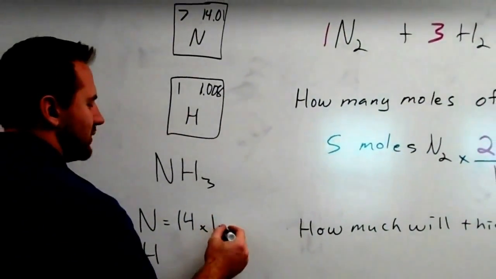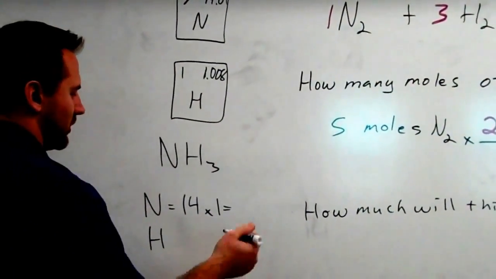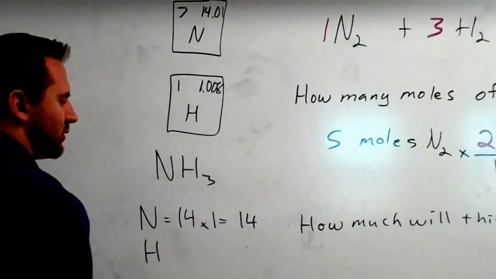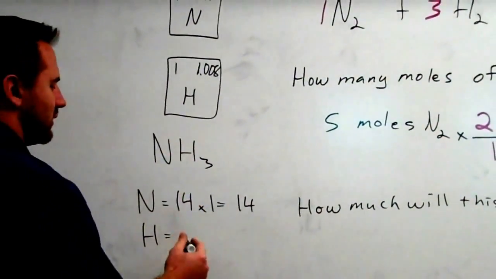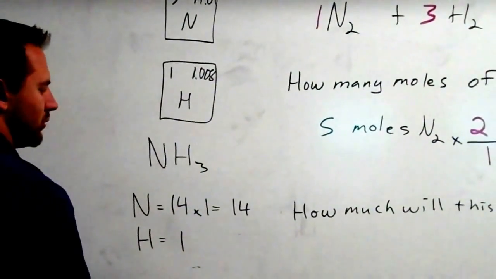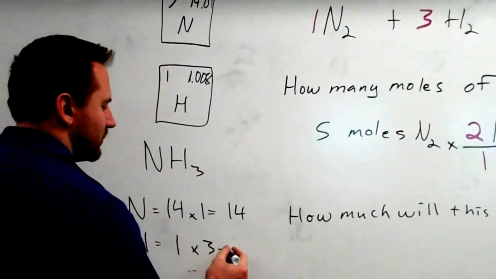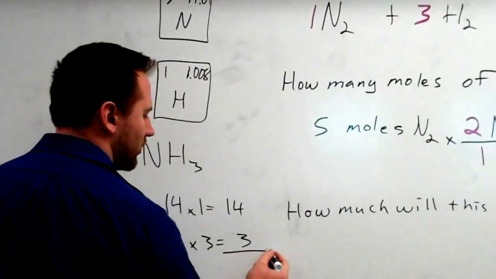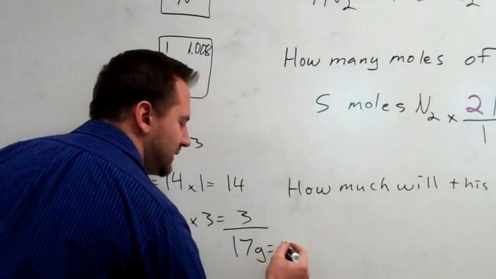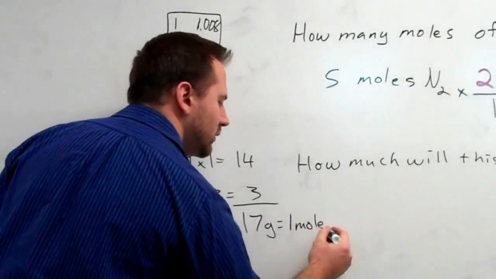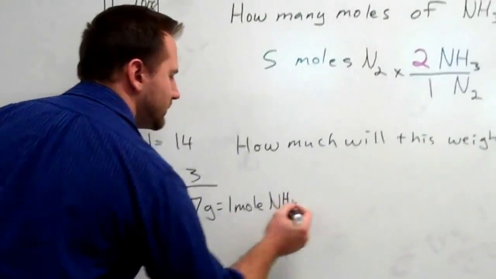We only have 1 of them in this compound, or molecule rather. So that totals 14 grams per mole for nitrogen. Hydrogen only has 1 gram per mole, but we have 3 of them. So in finding the total molar mass of this compound, we find it to be 17 grams, and that's what 1 mole of NH3 weighs.